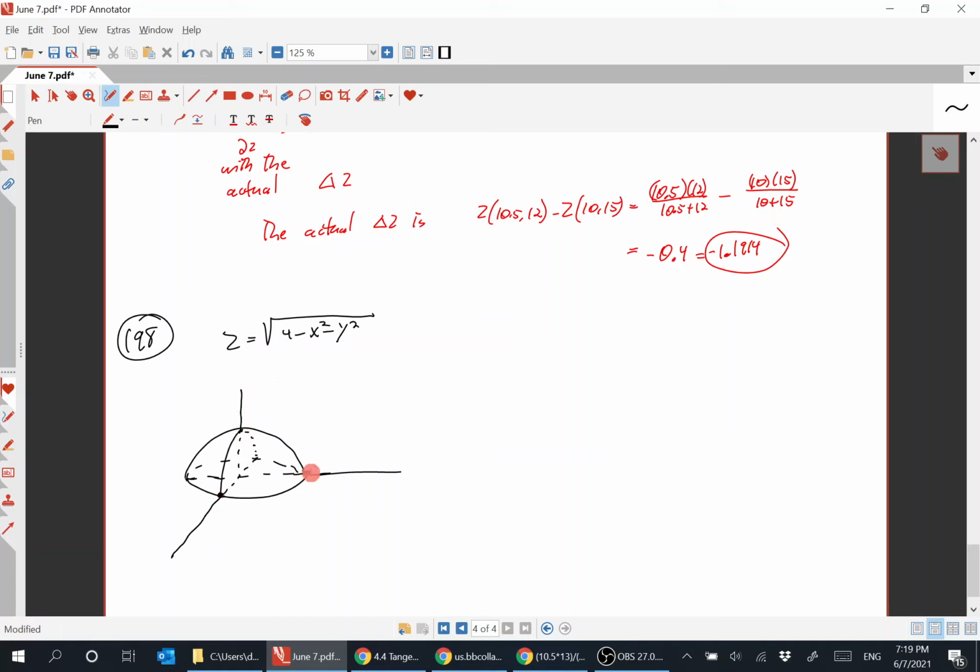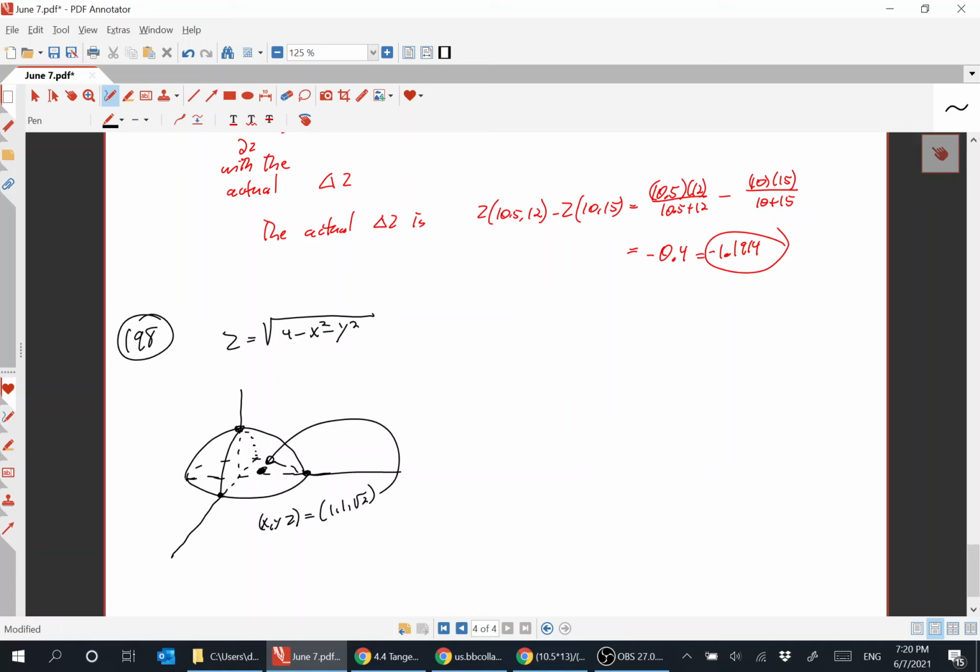And we're talking about tangency at this point, 1, 1, just like right here. So x, y equal to 1, 1, and then z is equal to, well, what's z equal to? Square root 2. All right, so that's what that point there is.